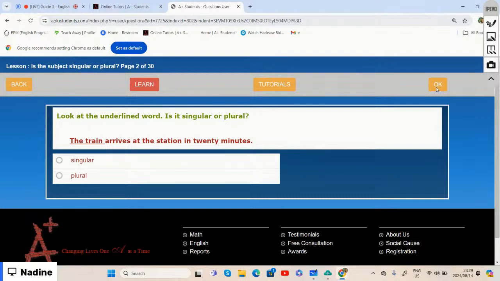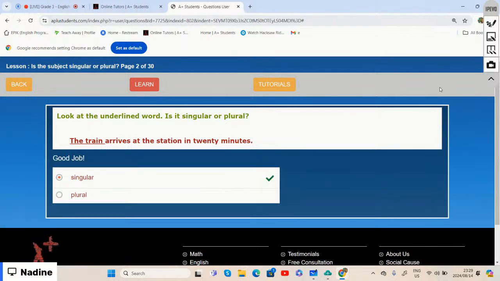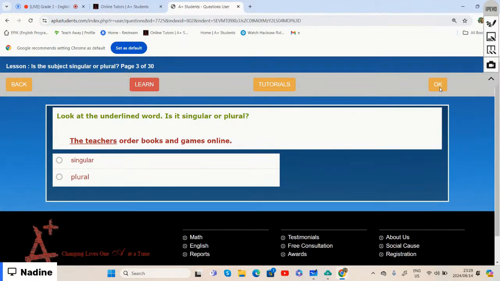So the train, we can say it is singular because we're only making mention of one train. So the train, which is one train, which is singular. So well done. Singular is correct. The teachers order books and games online.